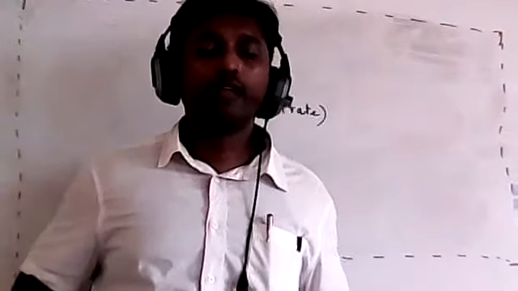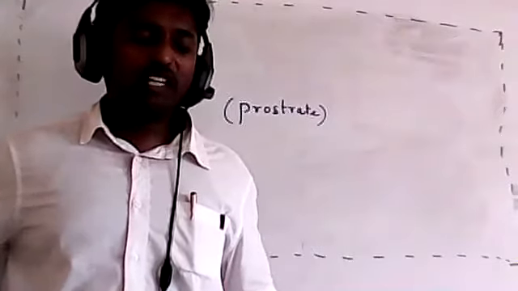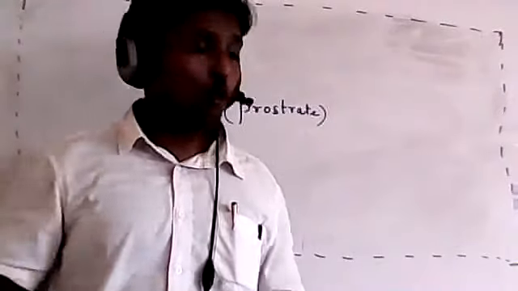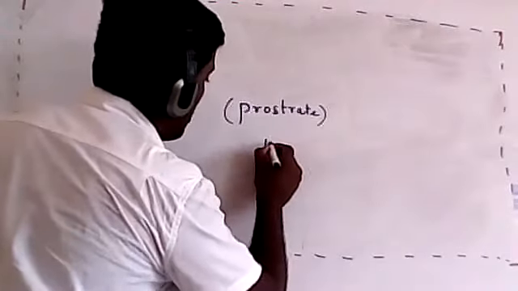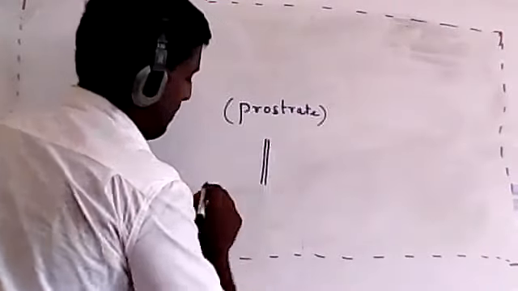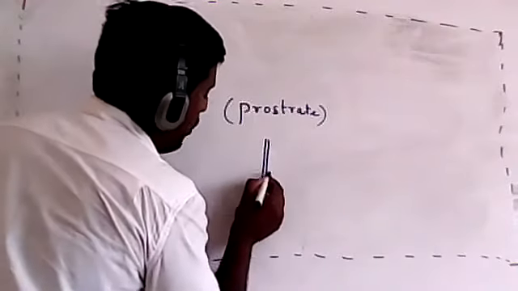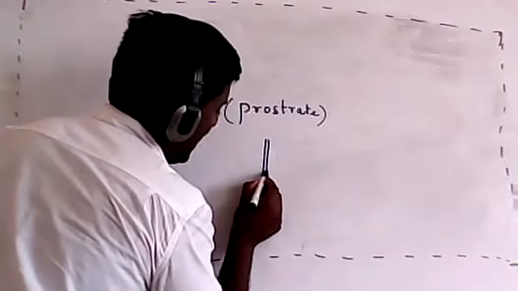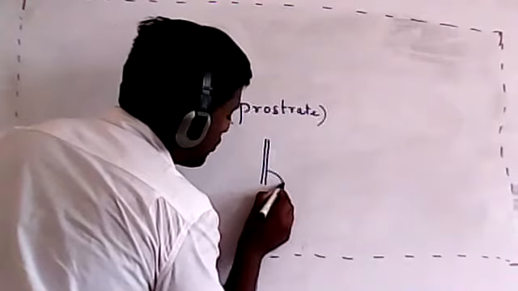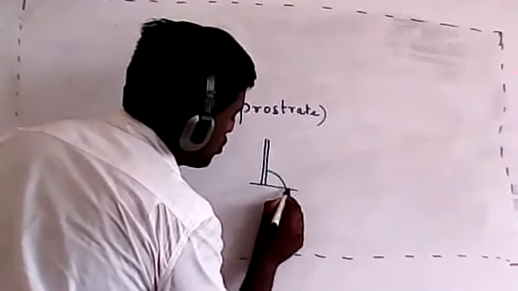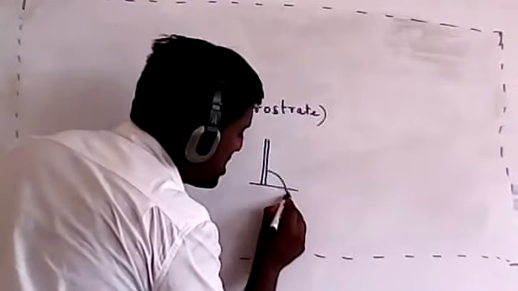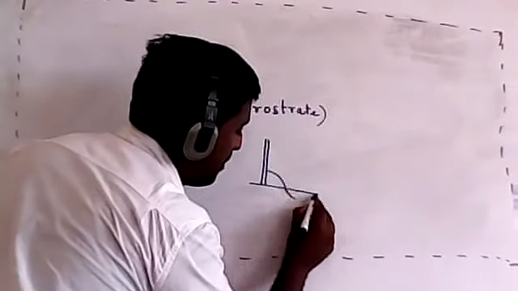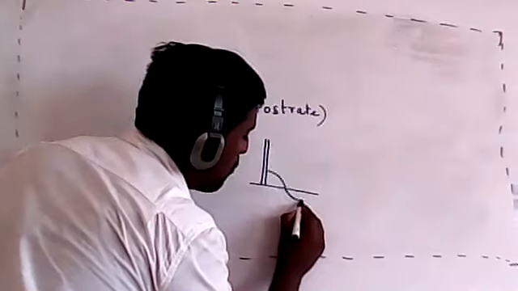So the example for obliquely: see, this is the main stem. From the lower nodes, the lateral branch grows towards the soil for some time. After some time it grows obliquely.